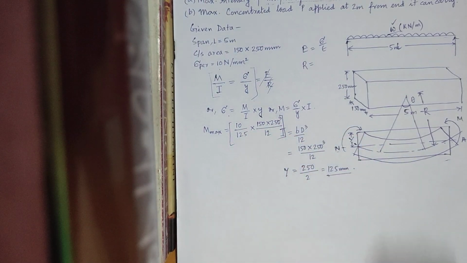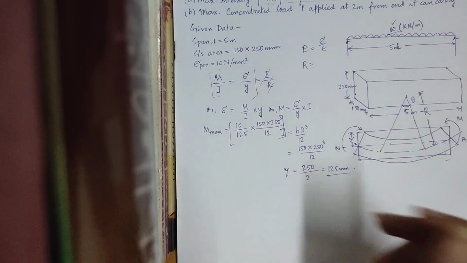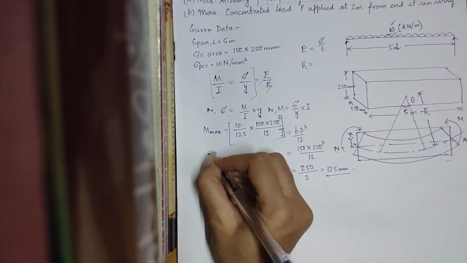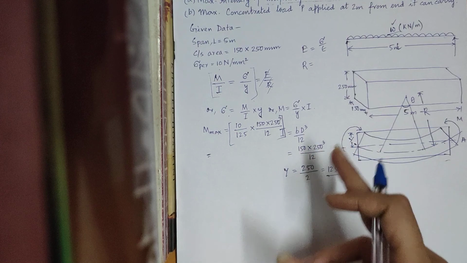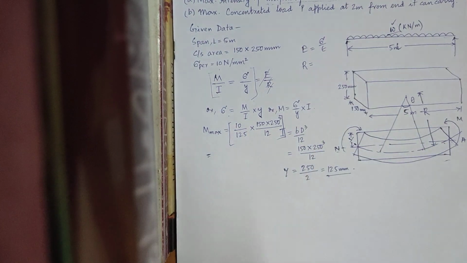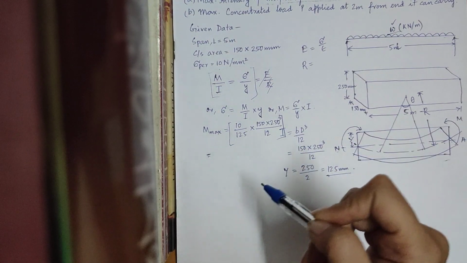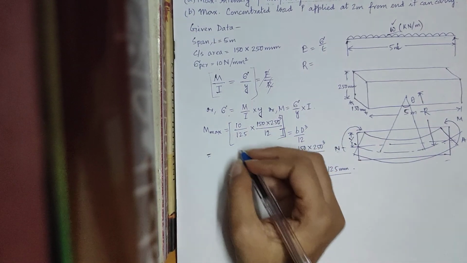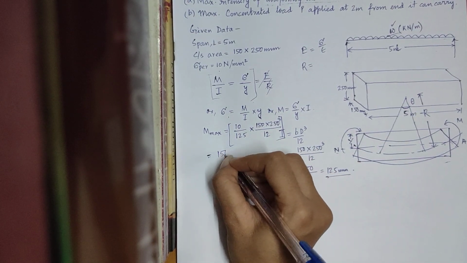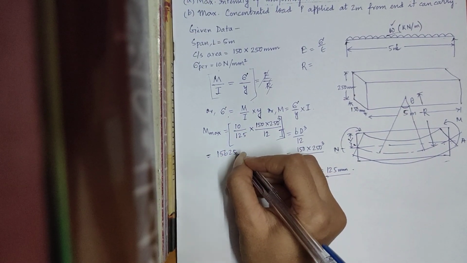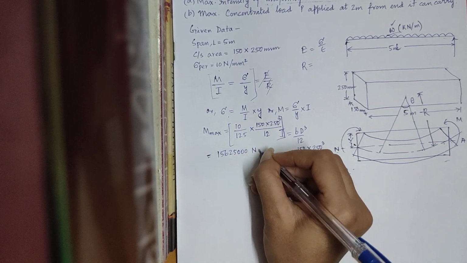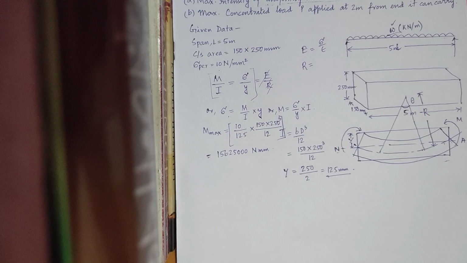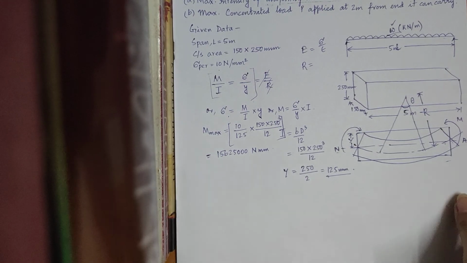I will ask you to calculate this with the help of a calculator. I am writing it down straight from the material from which I'm showing this problem. The answer is given as 15625,000 newton millimeter.